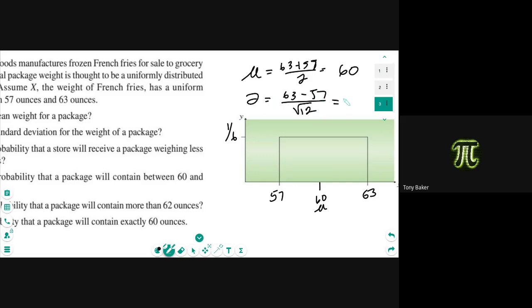Oh, it's going to be a decimal. So I got 1.73. So that's my standard deviation.